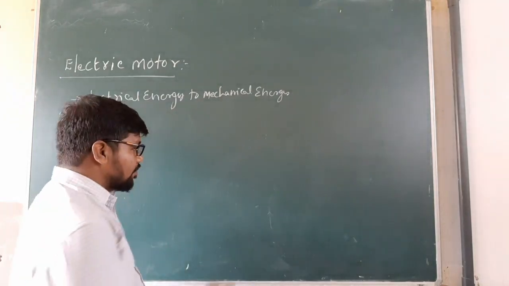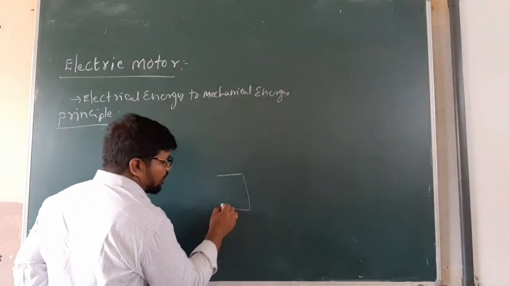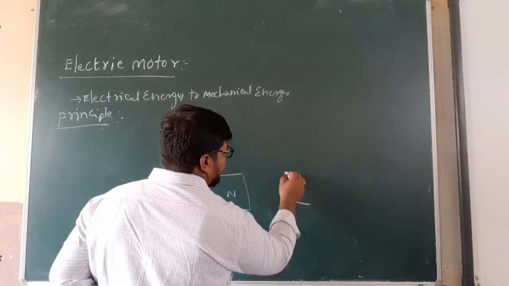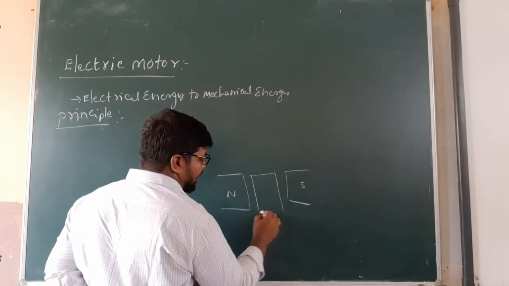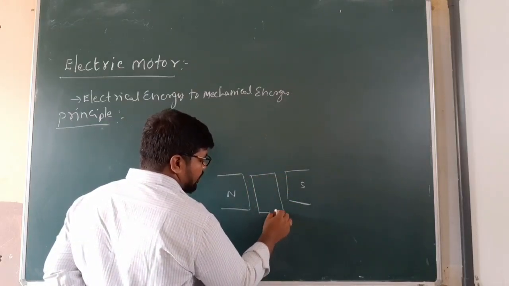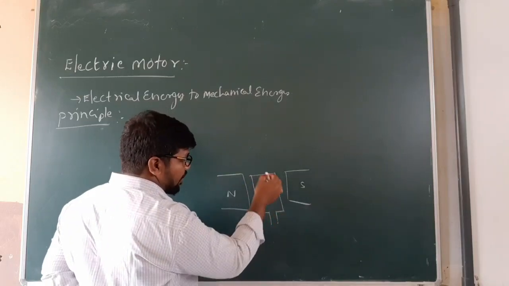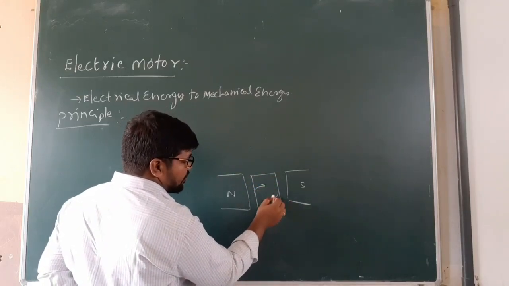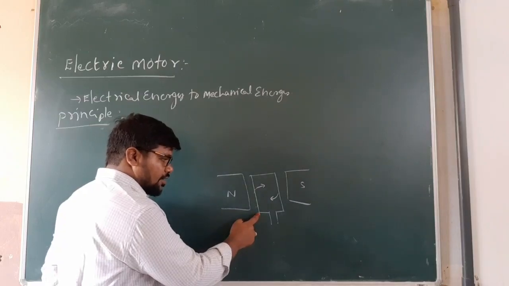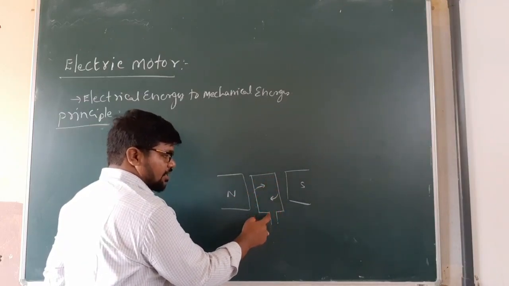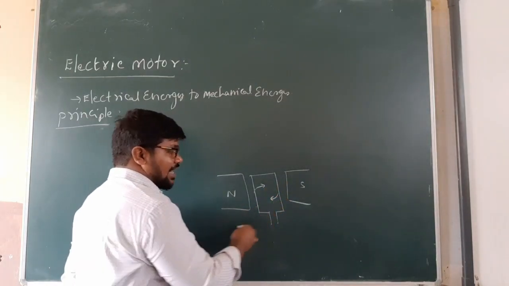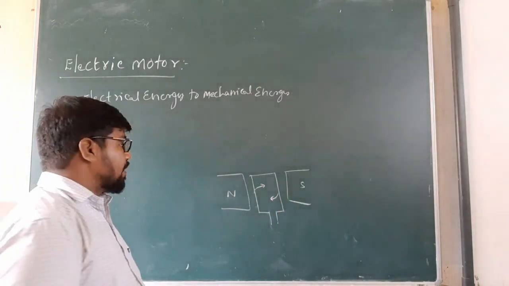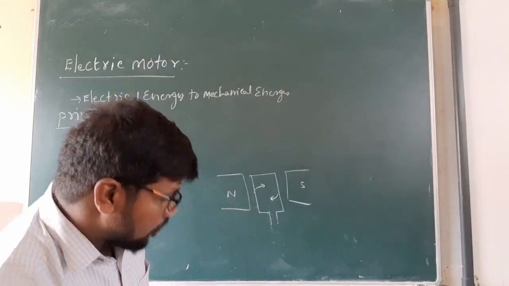Got it? Whenever a current carrying rectangular coil or loop is placed between the magnetic field, the coil will rotate. This is the principle of the electric motor.